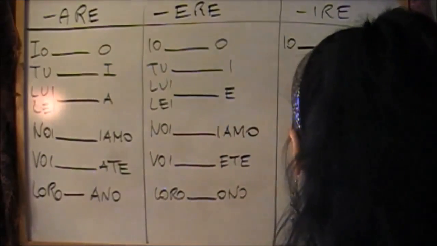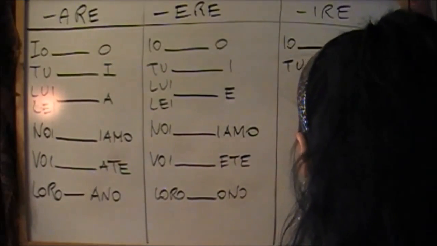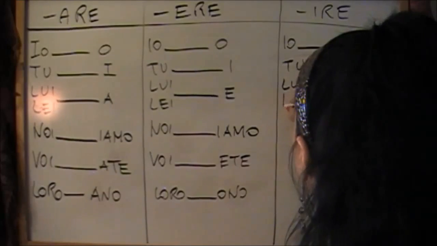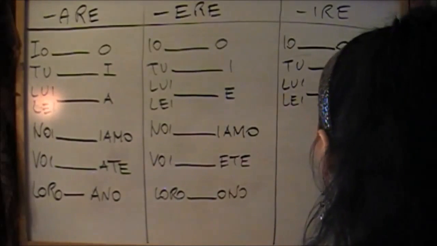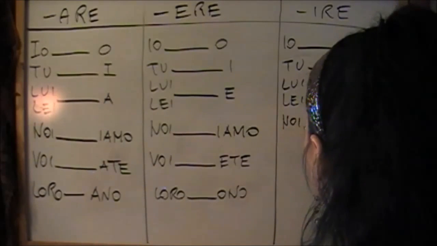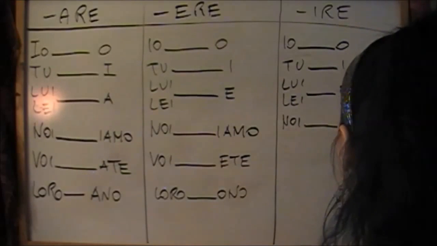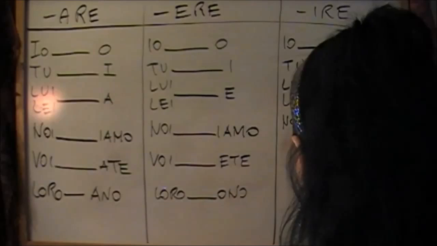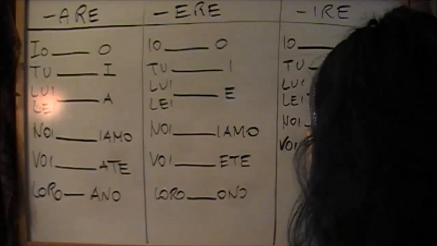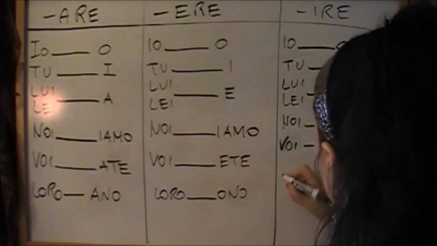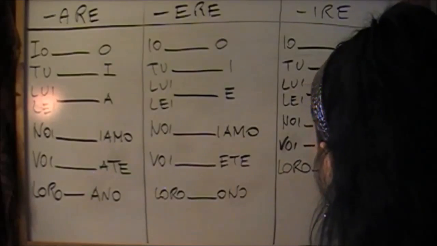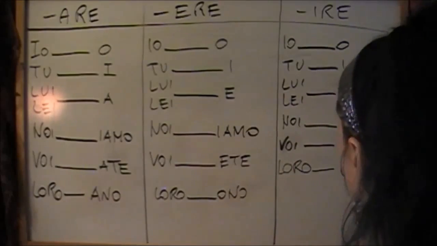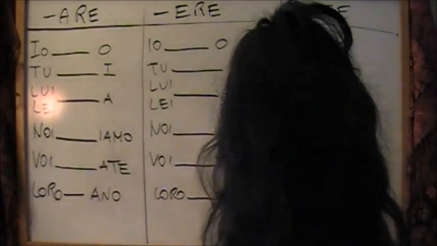Io, o, tu, i, lui, lei, e, noi, iamo, voi, let's write this voi better, ite, loro, ono. Now let's leave some space.